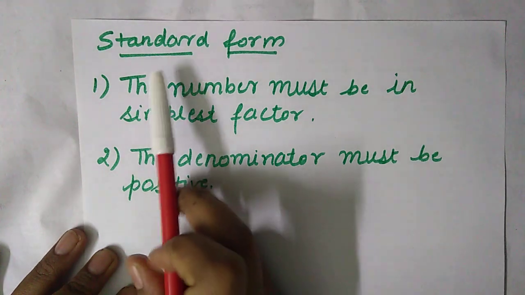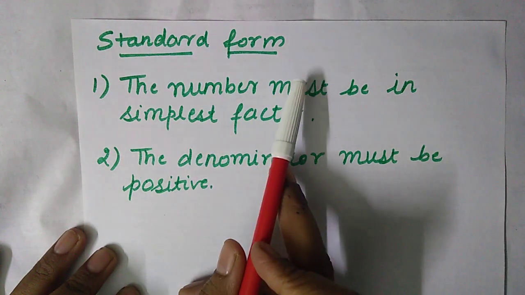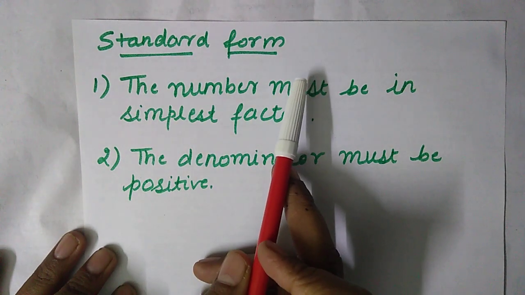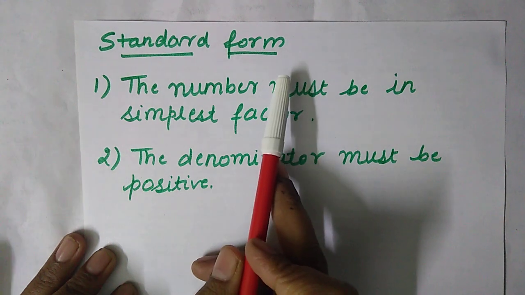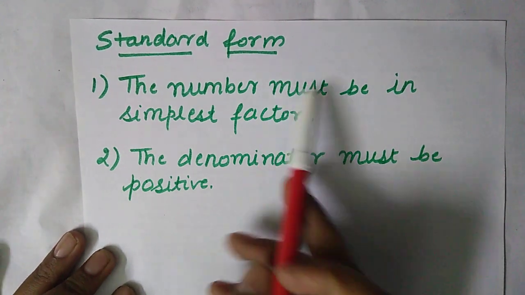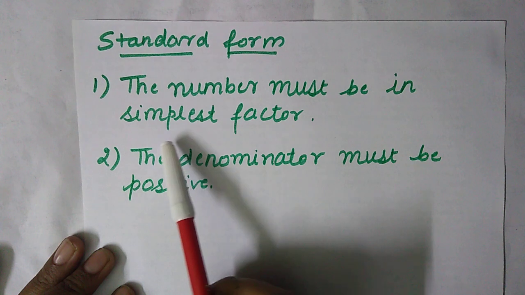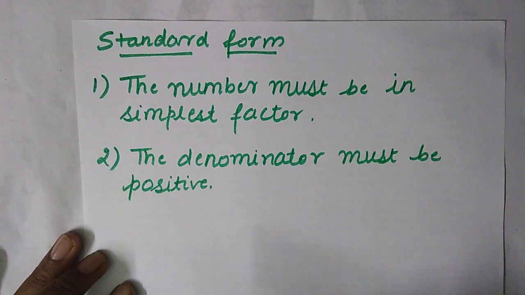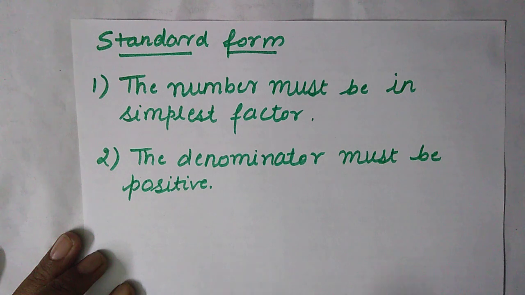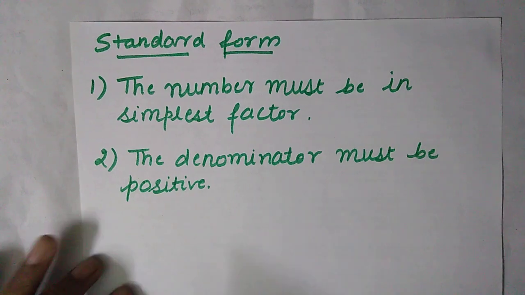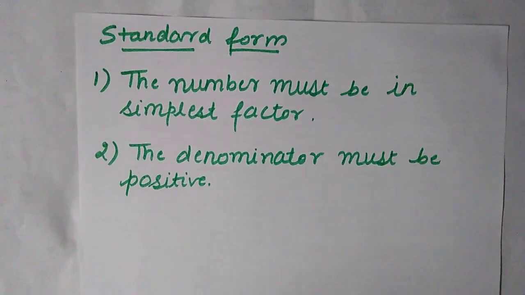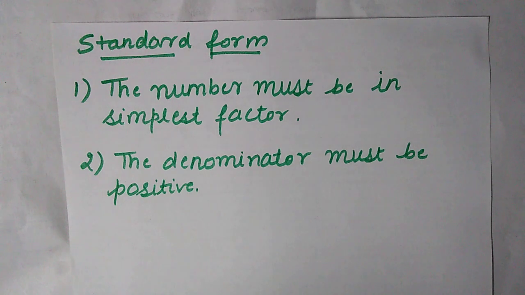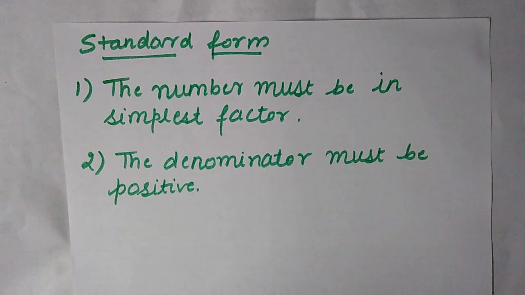So students, before starting the standard form of rational number, let me recapitulate the previous concepts that we have learned in lecture number 1. We started with the definition of rational numbers. Rational numbers are the numbers that can be expressed in the form p by q, where p and q are integers and q must not equal 0.